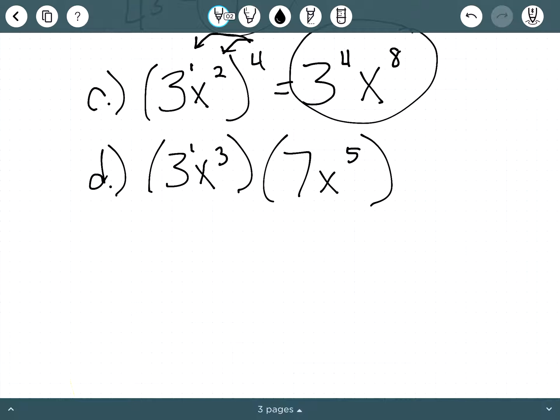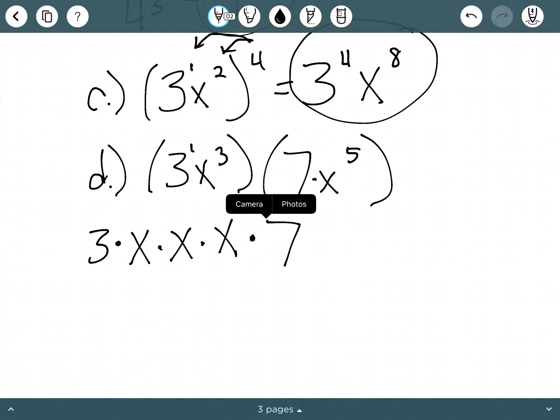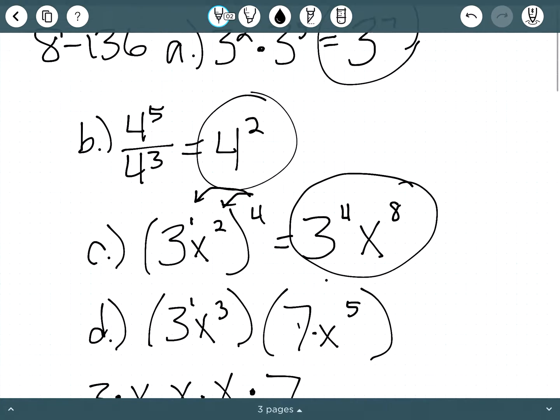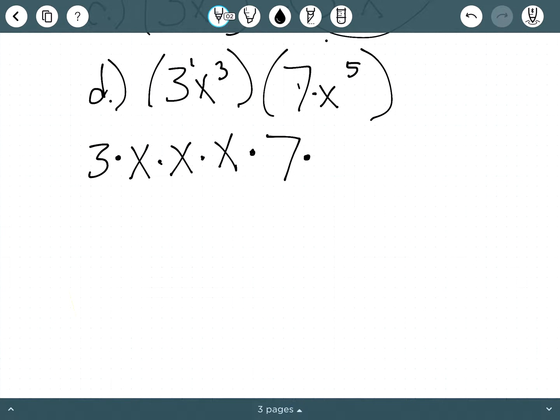So my first one is 3. Remember, this is 3 times x to the third. So if I factored it out, I would have 3 times x times x times x. And here I have 7 times x to the fifth. So that means we're taking all of this and we're multiplying by 7 and x 5 times.